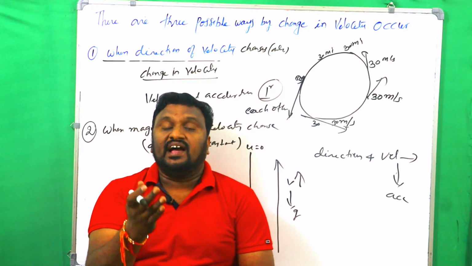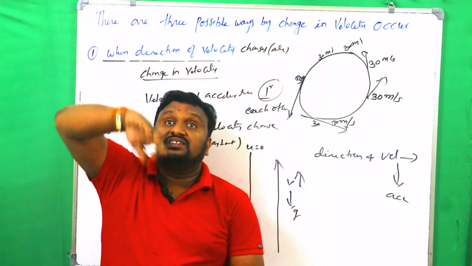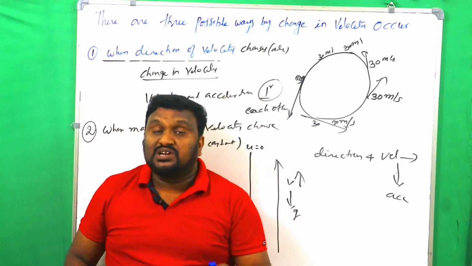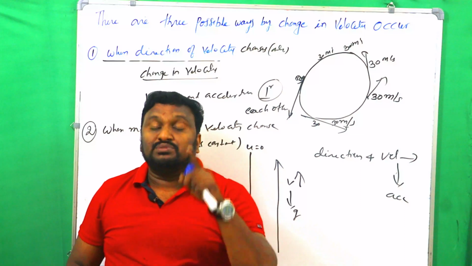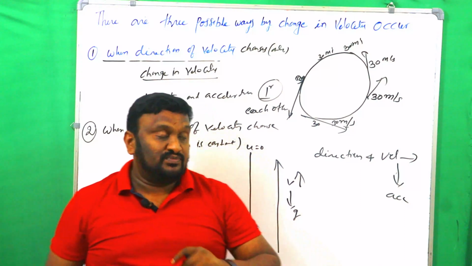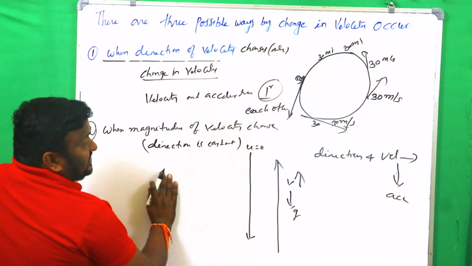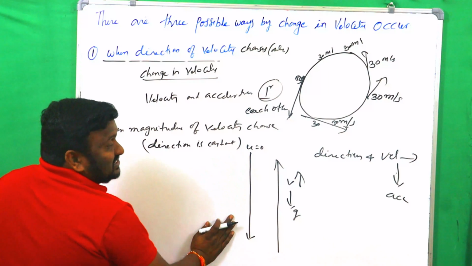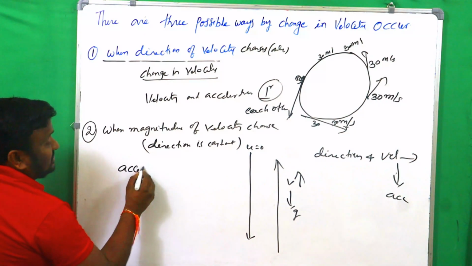When it moves along a straight line path, there is no change in direction, but velocity can change because the motion of the body is under gravity. Clear? So in this case also velocity can change, and due to that the body can experience the acceleration due to gravity.